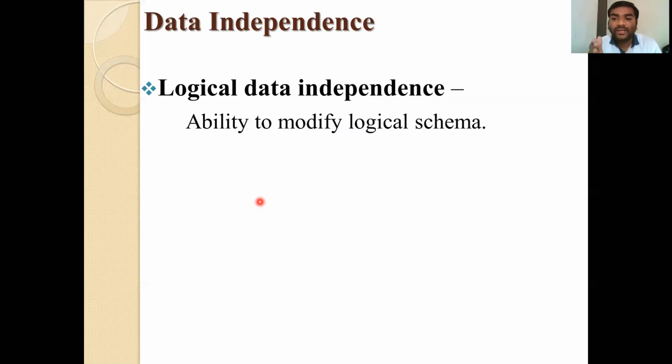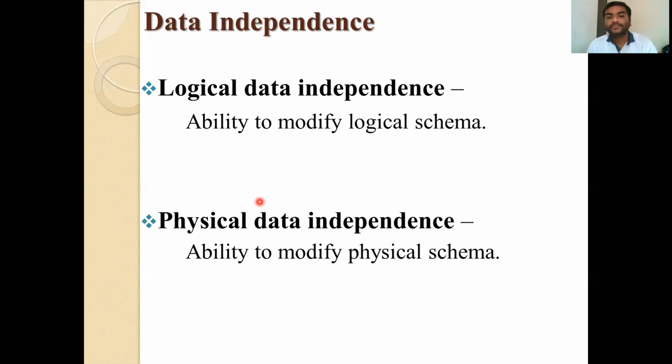He can modify that structure by adding some new data or deleting some old data from the database. That's why it is the ability to modify the logical schema. When the database administrator works at the logical level, that independence is known as logical data independence.